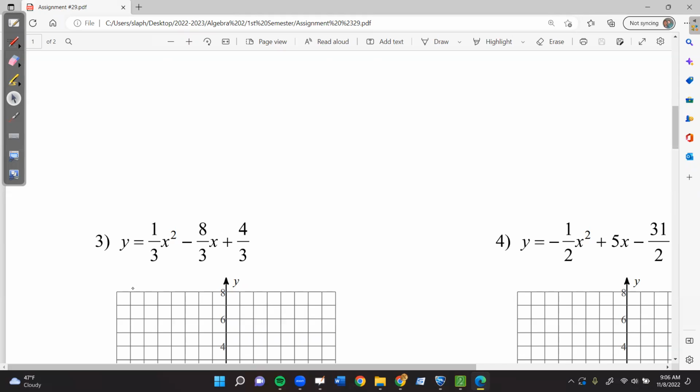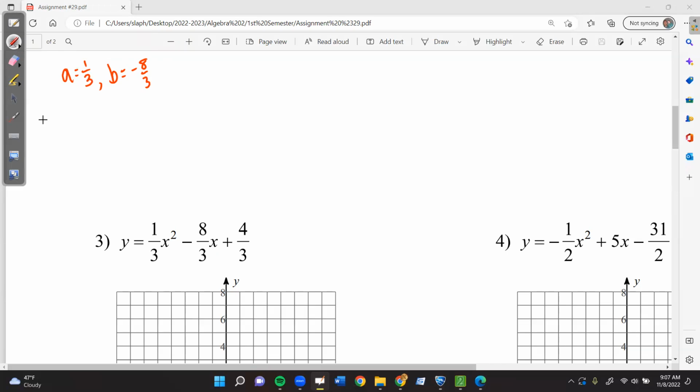So what is A in problem 3? A is 1/3. So I'm going to use this as my workspace up here. And what is B? Good. And feel free to use a calculator for this process. Some of you won't want to, some of you will, because it gets pretty ugly. The formula doesn't change though. That's the good news, is we're still going to rock the negative b over 2a.